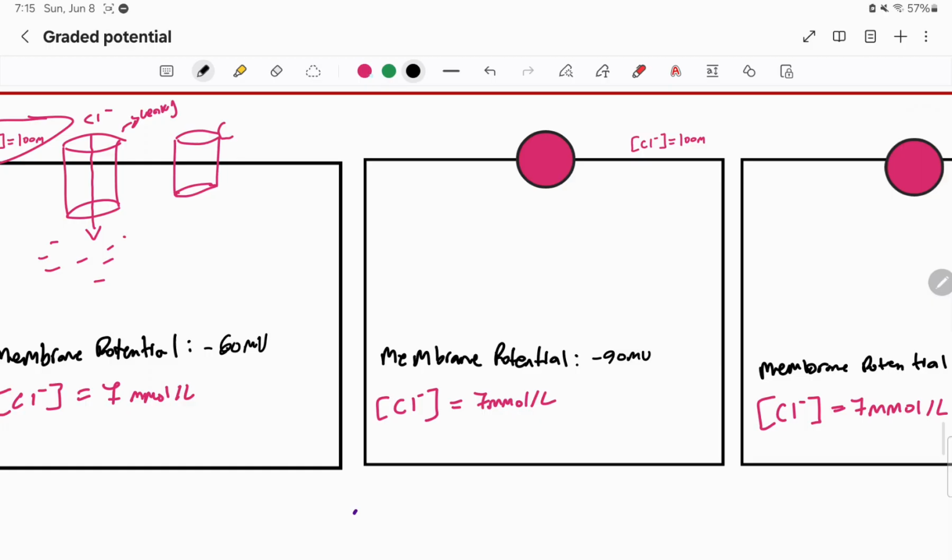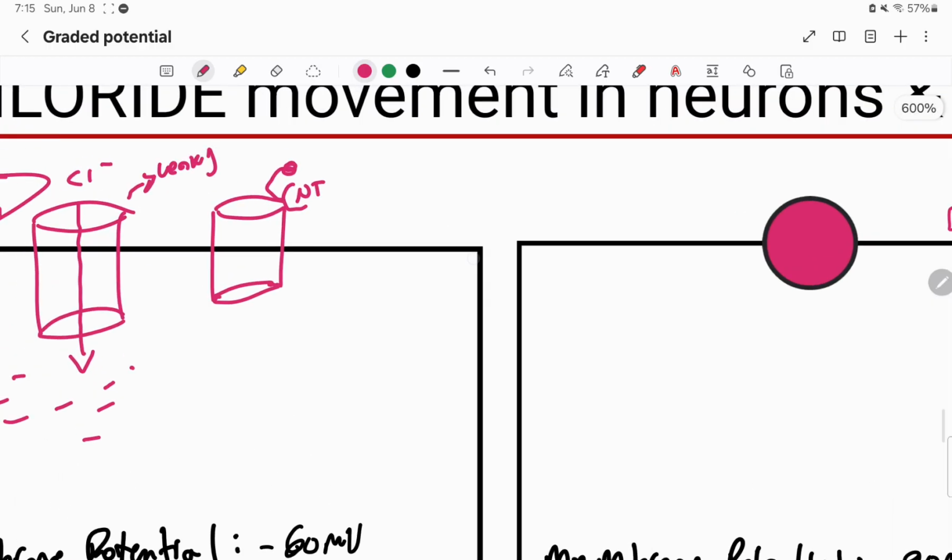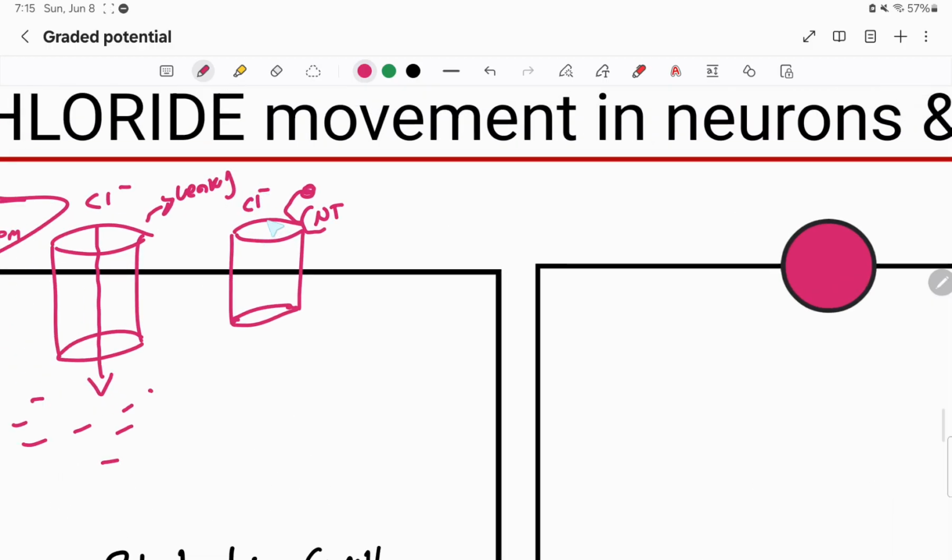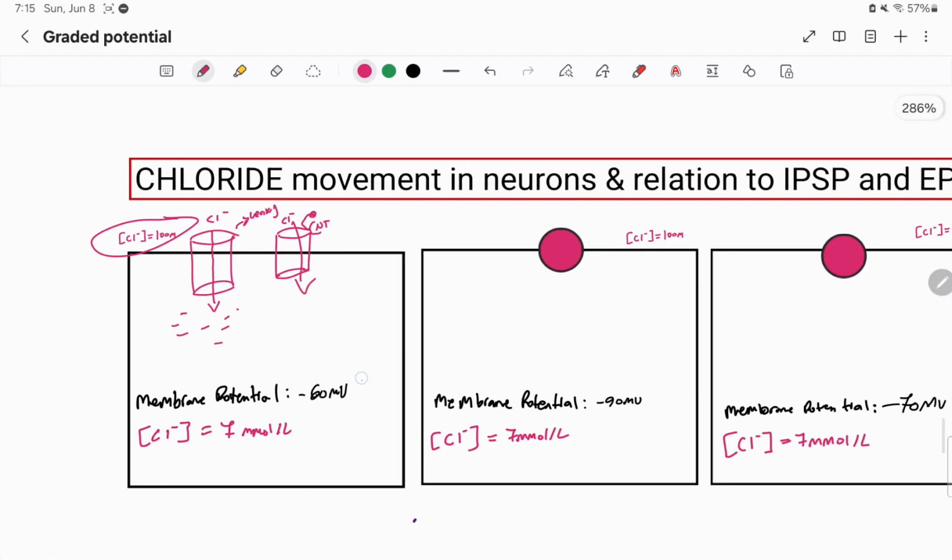How does it relate to an IPSP? Well, there are chloride ligand-gated channels, and when a neurotransmitter binds, it opens up this chloride ligand-gated channel. You know what's going to happen? Chloride will flow from in to out, following its concentration gradient from high to low.